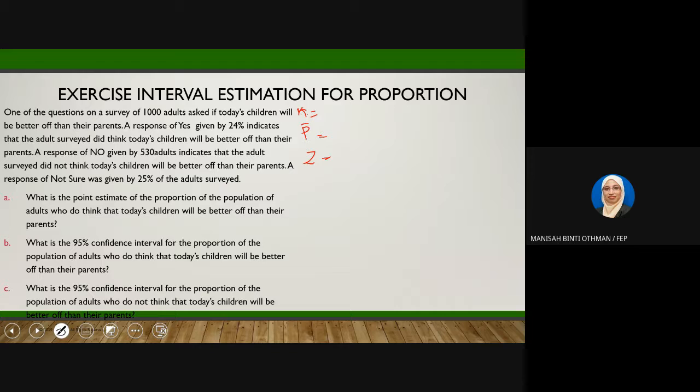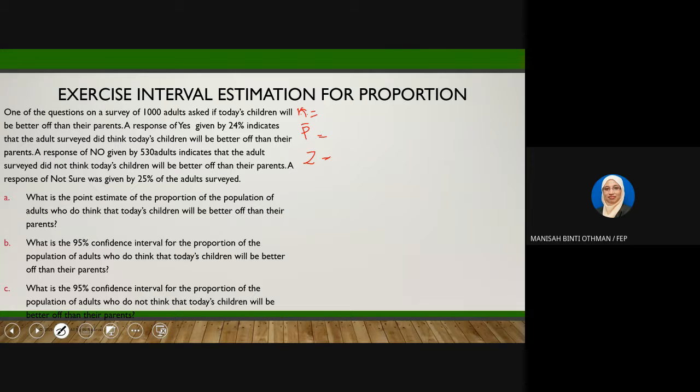Question A asks: what is the point estimate of the proportion of the population of adults who think today's children will be better off than their parents? So how many respond yes?